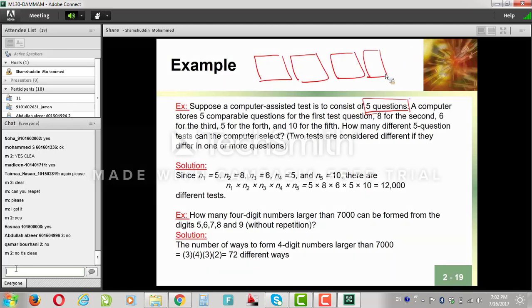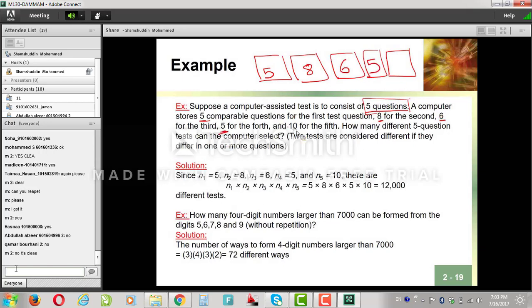The computer has 5 options for the first question, 8 for the second question, 6 for the fourth, and 10 for the fifth.